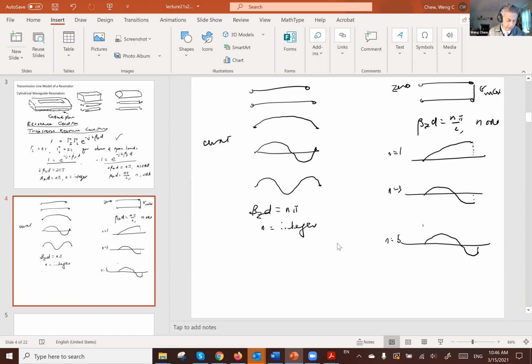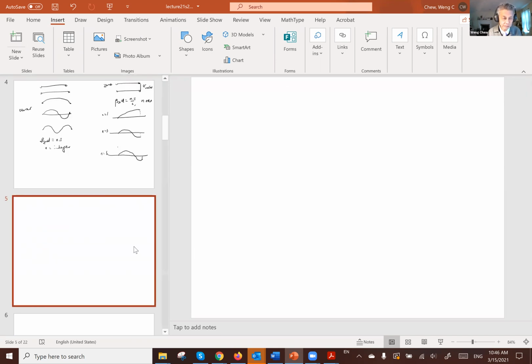Okay, and that actually we have done before. For instance, we did study this transmission line quite exhaustively. That is when we have a transmission line with a short and an open on both ends, then you can actually plot the voltage as a function of z.